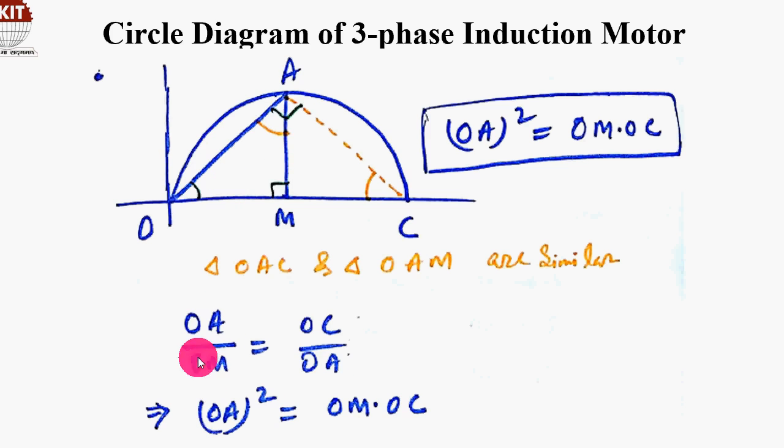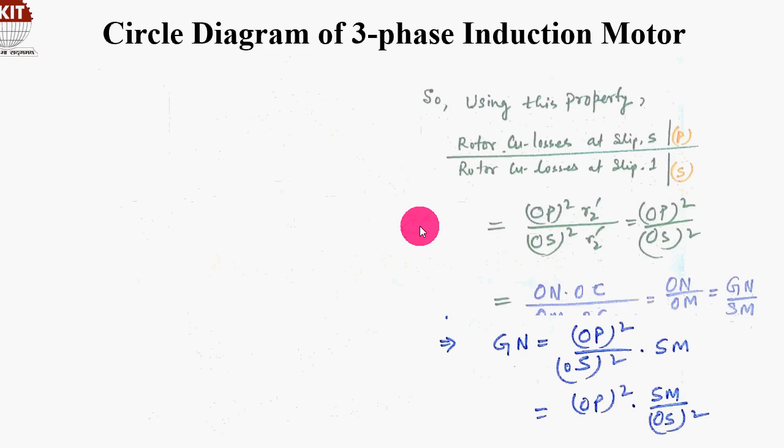Now from this we can easily obtain, if you cross multiply, that OA square will be equal to OM multiplied by OC. So we are going to use this expression in our circle diagram that we have obtained.